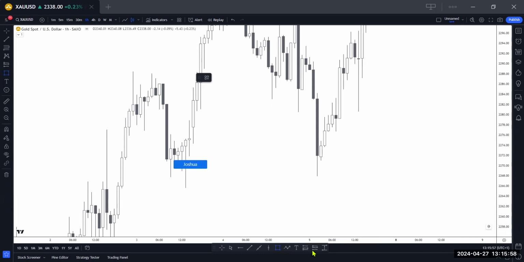Where is the gap level? Okay, Joshua, I'm not seeing what you're marking. Can you mark it very well, like a straight line? Okay. Anybody marking? Can you see this?